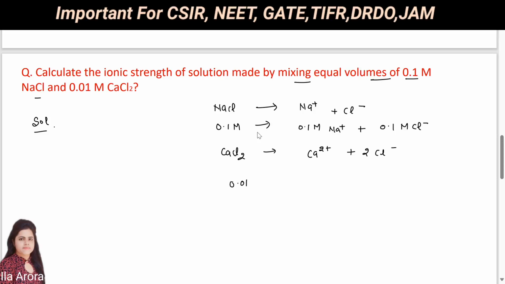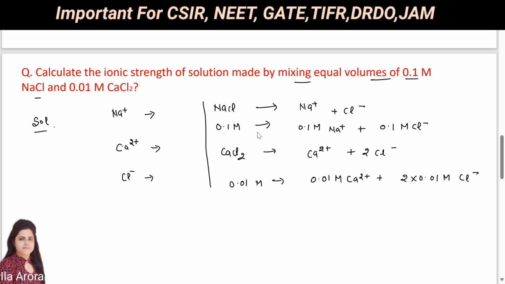Here if you have 0.01 m, you will get 0.01 m Ca2+ plus 2 into 0.01, because 2 ions are there, so it will become 0.02. Now we have Na+, then we have Ca2+ cations, and then we have Cl-, and Cl- is present in both, right?